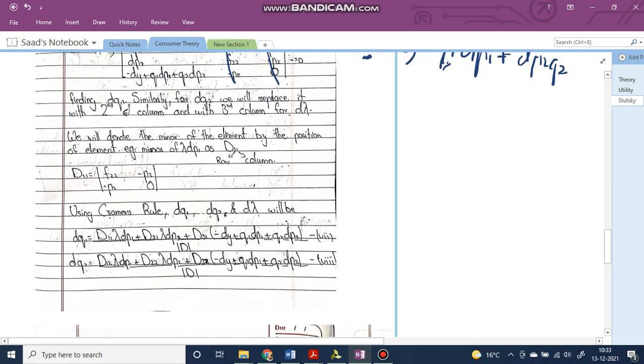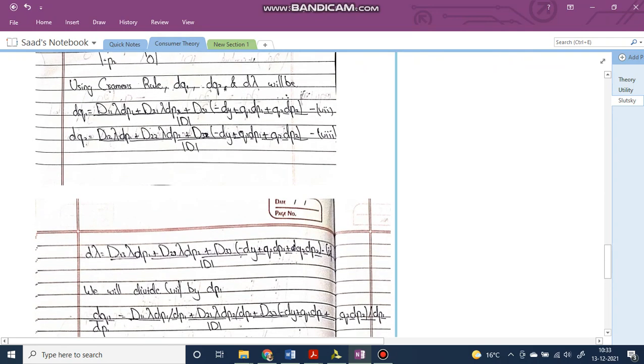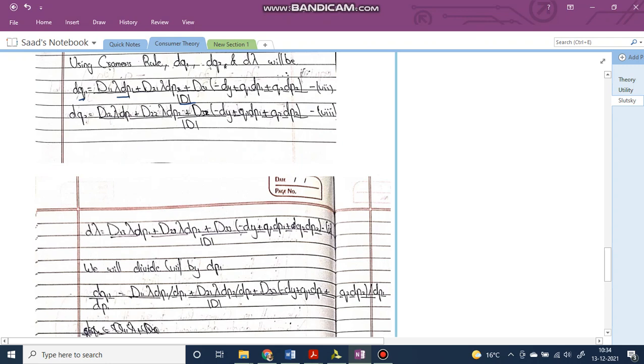As you can see, we have dq1 equals to d11 times lambda dp1 plus d21 times lambda dp2 plus d31 times minus dy plus q1 dp1 plus q2 dp2, divided by the determinant of matrix A. Similarly, for dq2 we will write this equation, and for finding d lambda, we will write down this equation.